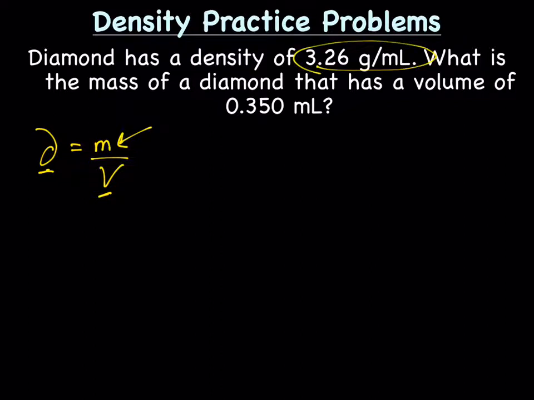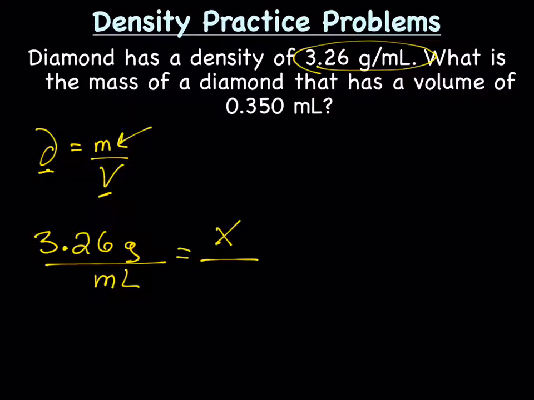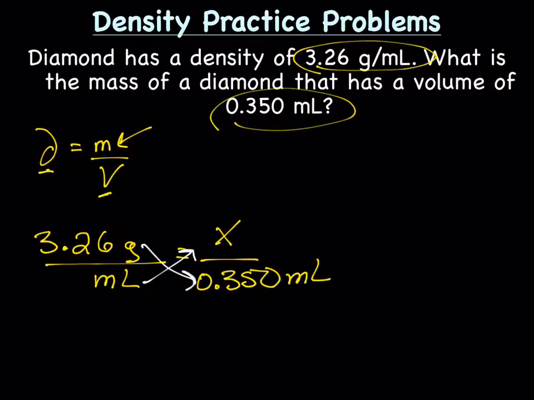We have 3.26 grams per milliliter equals, we don't know the mass, so that'll be our x, over volume, right? 0.350 milliliters. All right, so the easiest way to solve this type of problem when you have two fractions with an equal sign in between is to cross multiply.